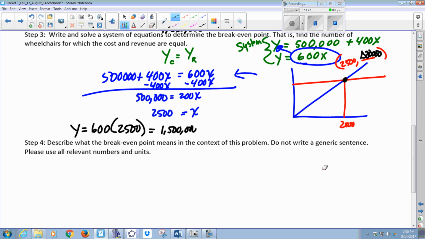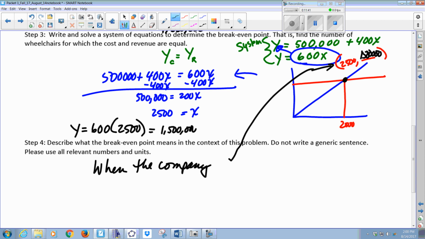So however you want to write that sentence, feel free. So let's do it. This is one way to write it. So what this means is that when the company, I'm just starting with the first number here, the 2,500.